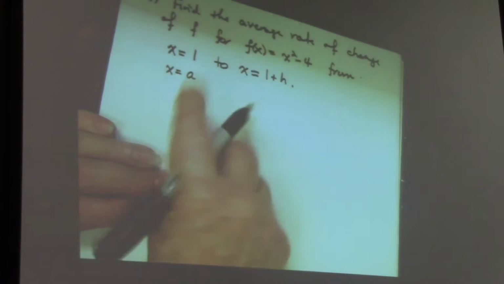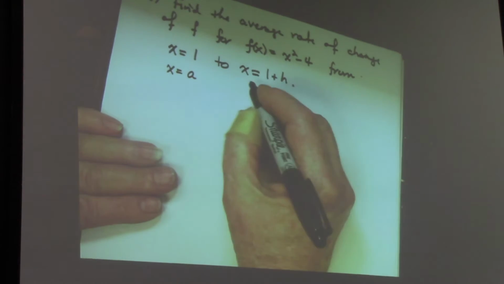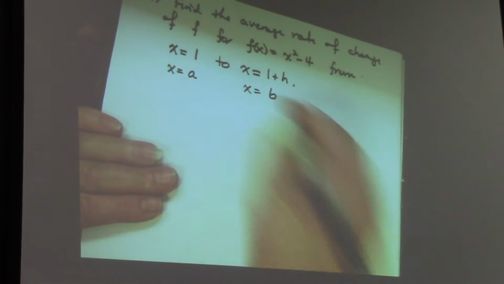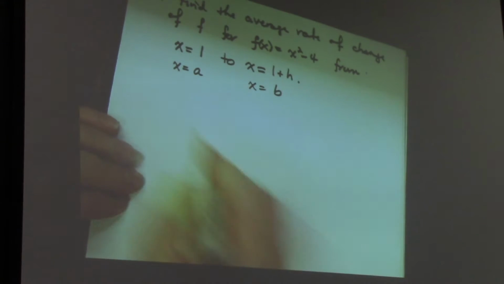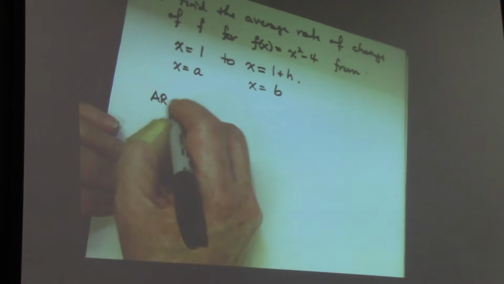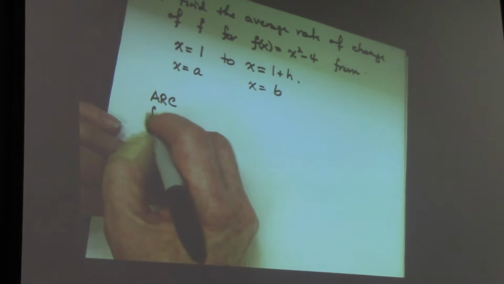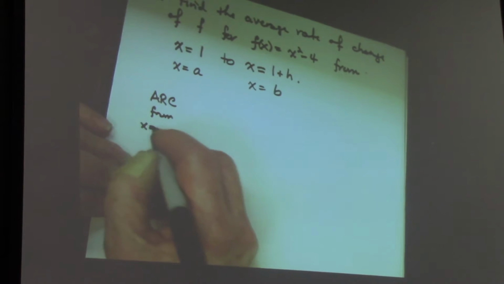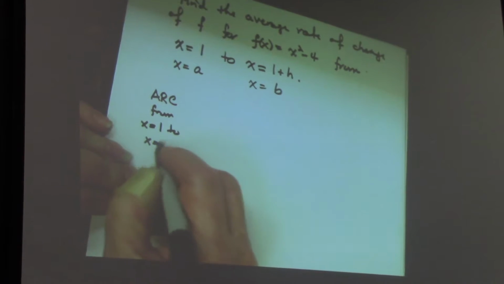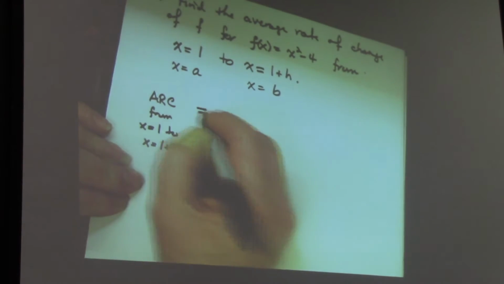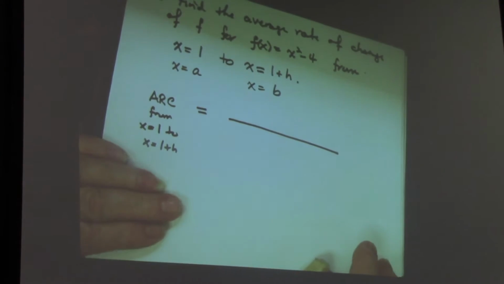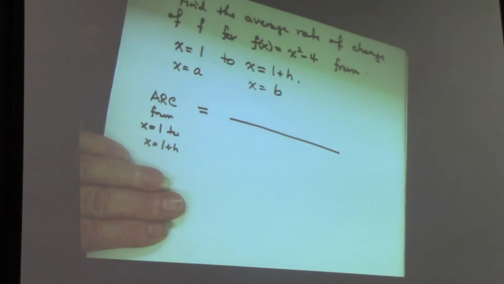So again, this is my a. My a is 1, and my b is 1 plus h. So my average rate of change of f from x equals 1 to x equals 1 plus h is what?